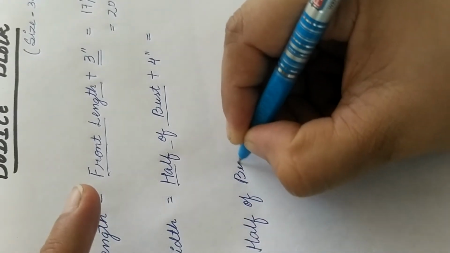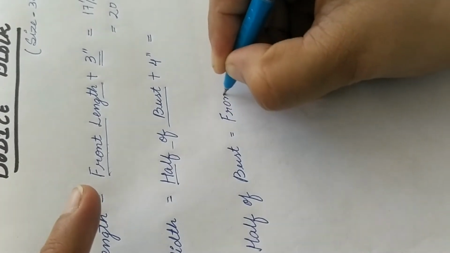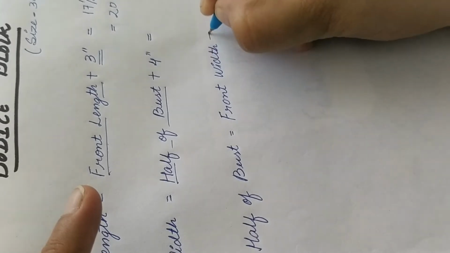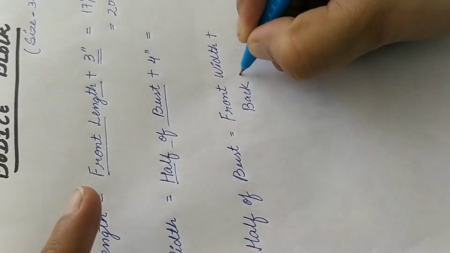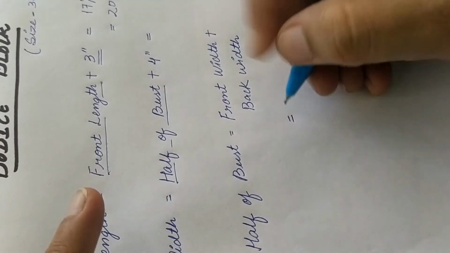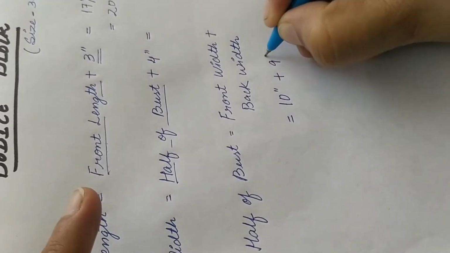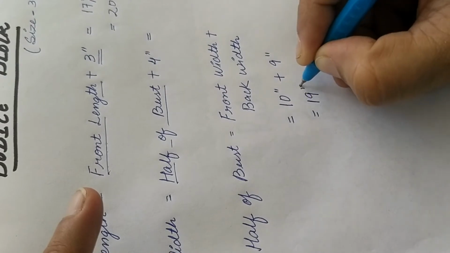Half of bust would include front width and back width. Front width for size 34 is 10 inches and the back width for size 34 is 9 inches. So this comes out to be 19 inches.